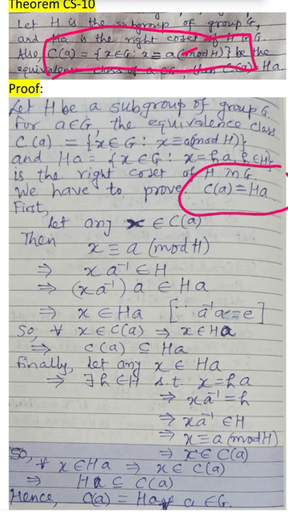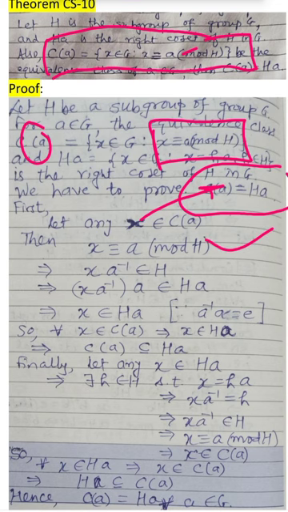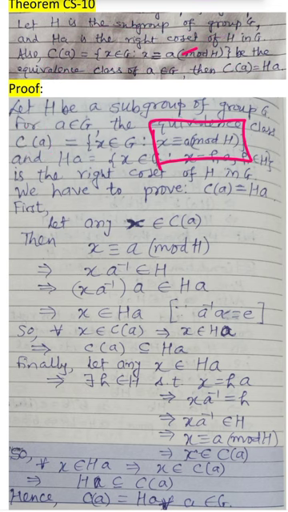इसके लिए फर्स्ट कोई मेंबर X CA का ले लेते हैं. जैसे X is the member of CA, then X is congruent to A mod H. By this definition, XA inverse is the member of H. So this gives XA inverse A is the member of H. And by associativity and existence of inverse and identity, we have this is X. So X is the member of HA.